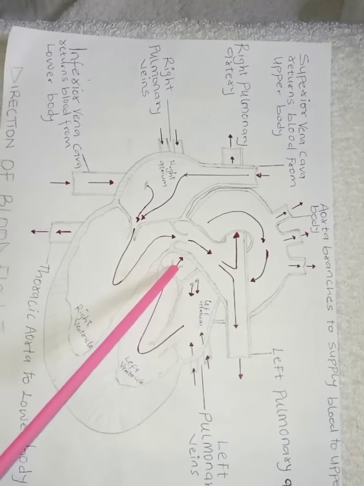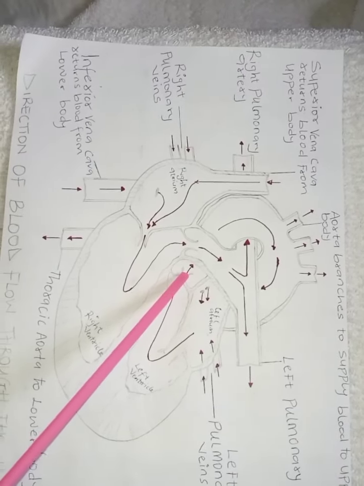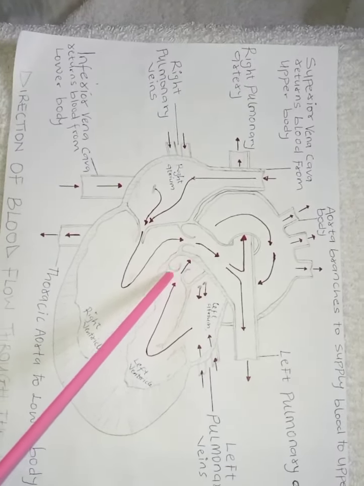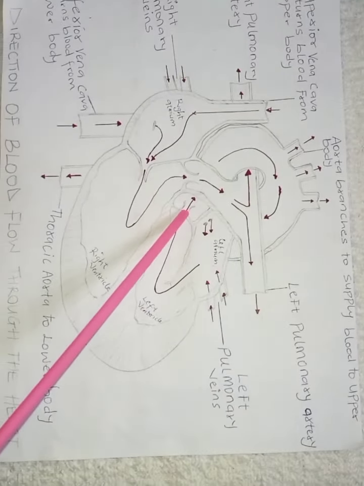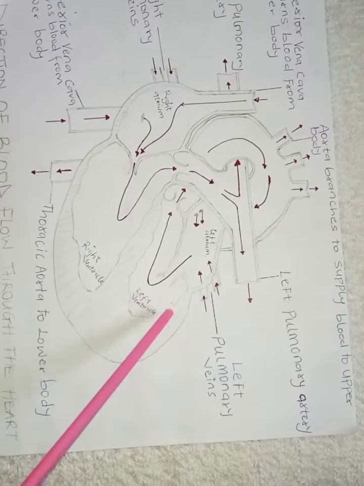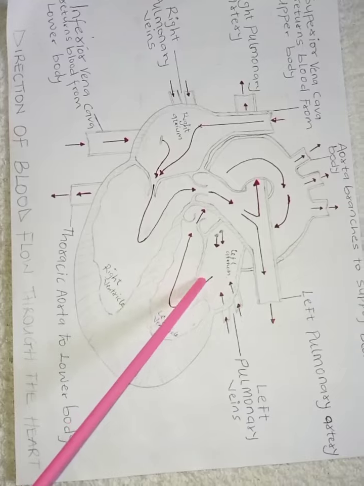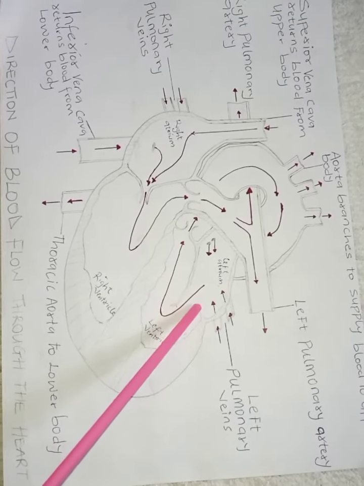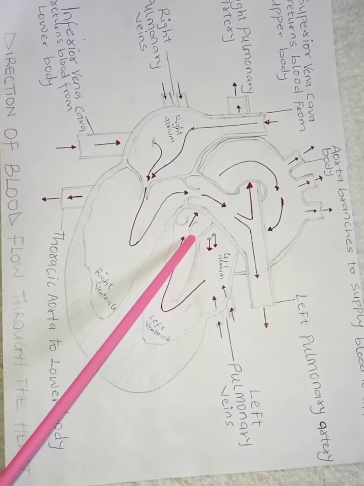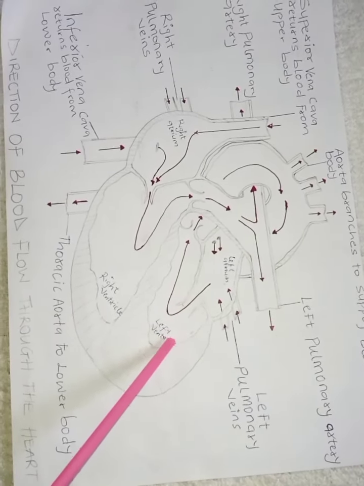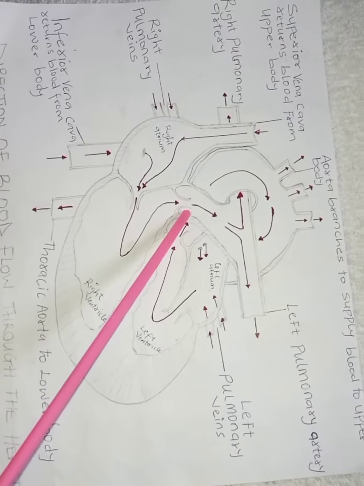This is called the aortic semilunar valve. It is formed by the three semilunar cups. When the wall of the left ventricle contracts, it causes the mitral valve to close and the aortic semilunar valve to open, and blood flows from the left ventricle into the aortic trunk.